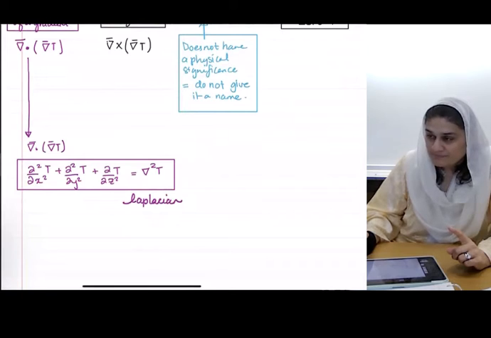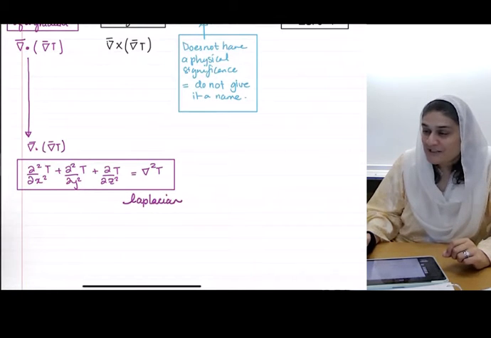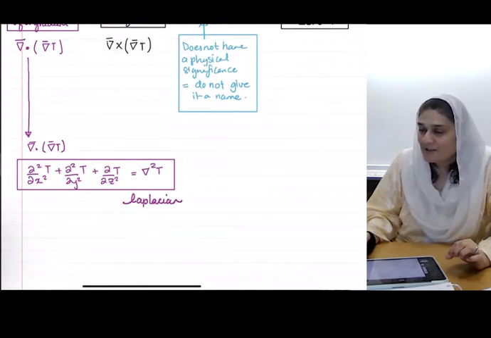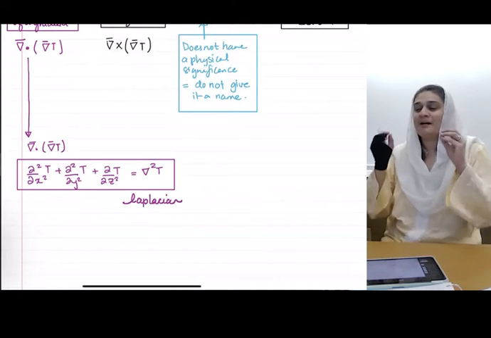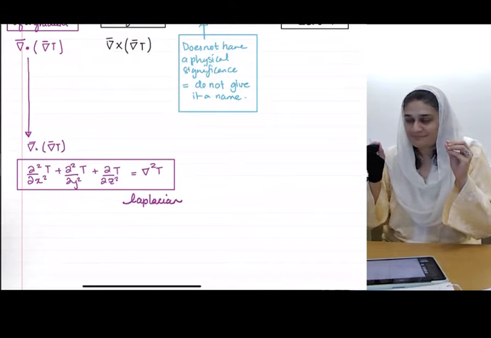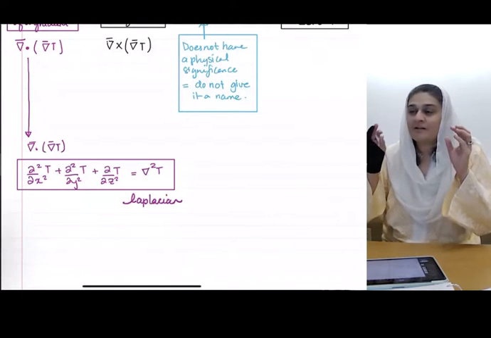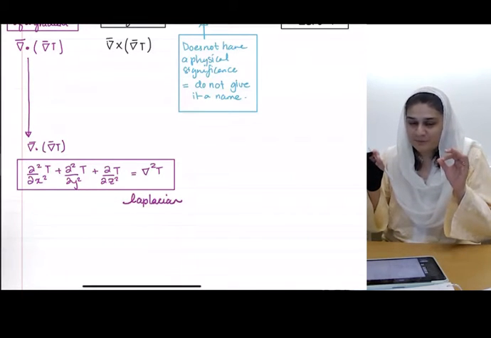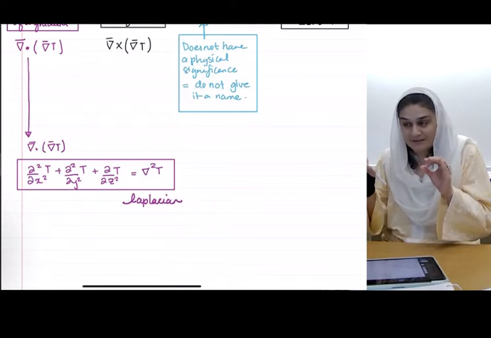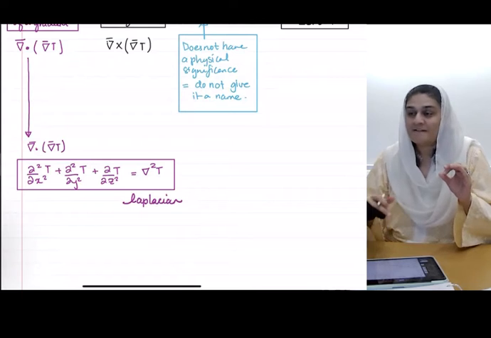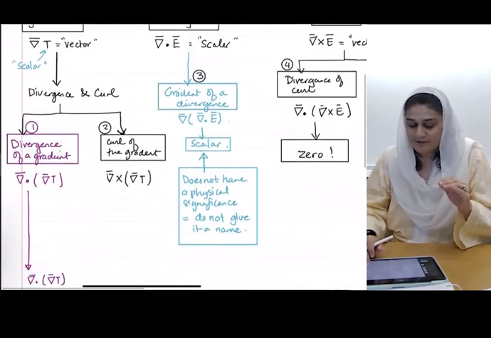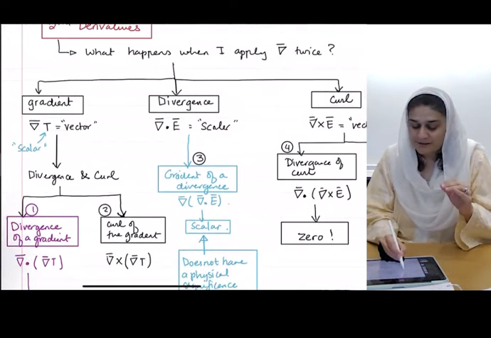Please note the Laplacian of a scalar is also a scalar. So wrap your mind around that. The first derivative, which we called the gradient of a scalar, was a vector. Do you remember here? Right here?